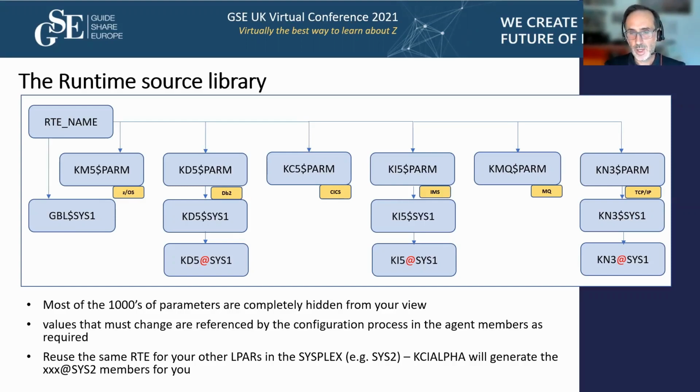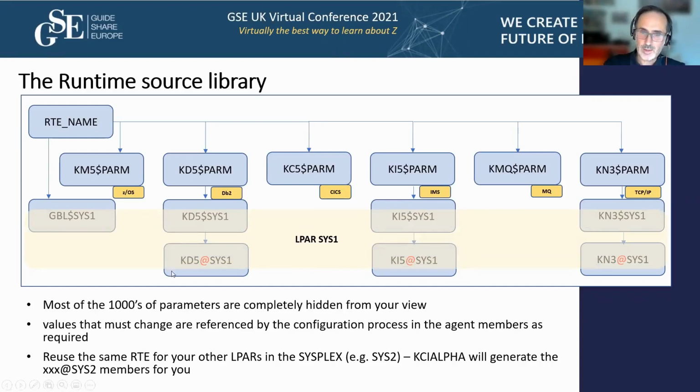That was quite tricky with ParmGen. You had to use sysyn overrides, or people have written their own edit procs or macros to accomplish that. Now you have first-class support for this, and you can tie in also multiple LPAR-specific configurations.